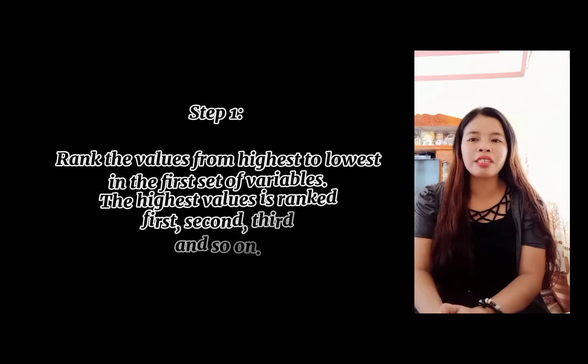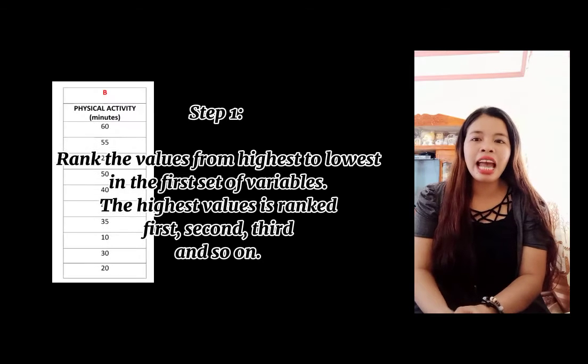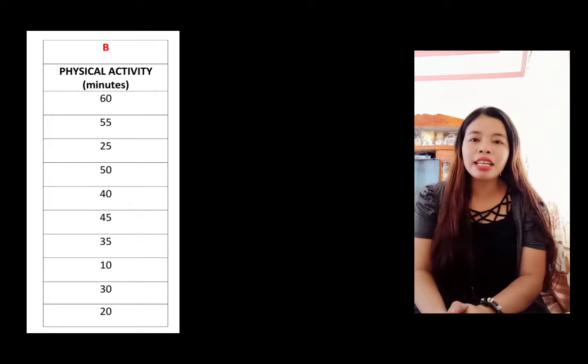So now, let us try to solve the example of the given data of physical activity and blood pressure by applying the steps. So the first step is to rank the values from highest to lowest in the first set of variables. Our first set of variables in our given data is the physical activity, and the highest value is ranked first, second, third, and so on.